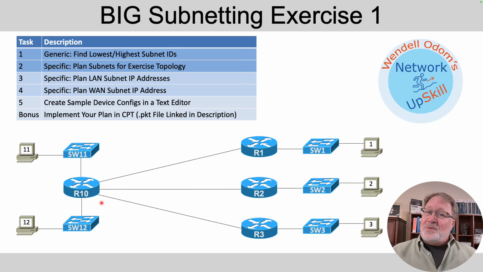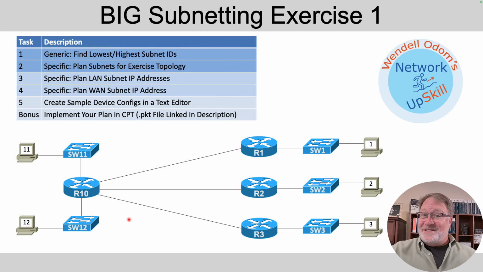Now, in the previous part, I capped off that part by adding a new lab and making some videos about it, all about collecting many things you do with LAN switching into one big lab. Well, in part 4, there are no CLI commands, so I said, I can't really make a big lab. But what did I do? I made a big subnetting exercise. It uses the topology you see here.